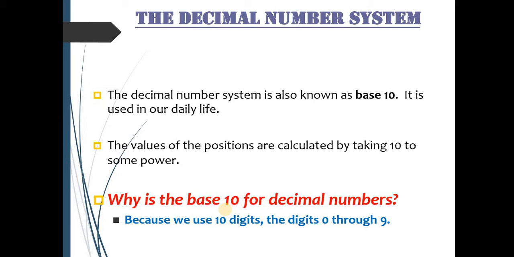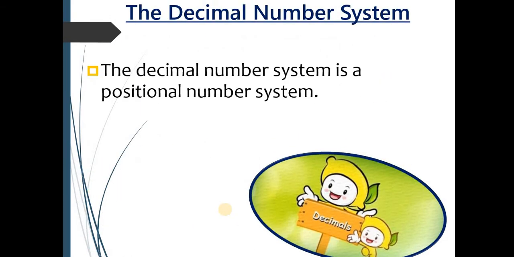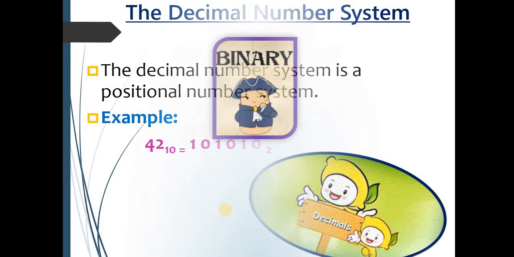That's why we take its base as 10. An example of a decimal number is 42, and when we convert decimal into binary, it comes 101010. How? I will explain this later in today's lecture.